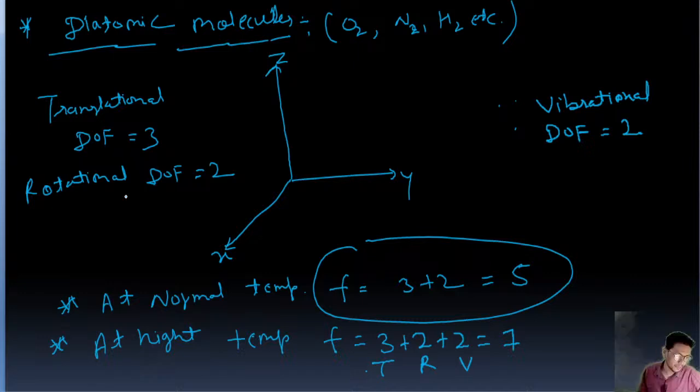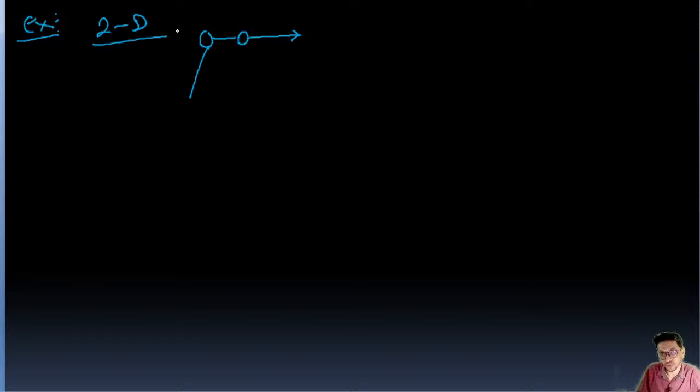Next, I'll give one example. As a question I'm taking the 2D case. In 2D, if you talk about 2D, this is the molecule, guys, and we have restricted it to only 2 dimensions.